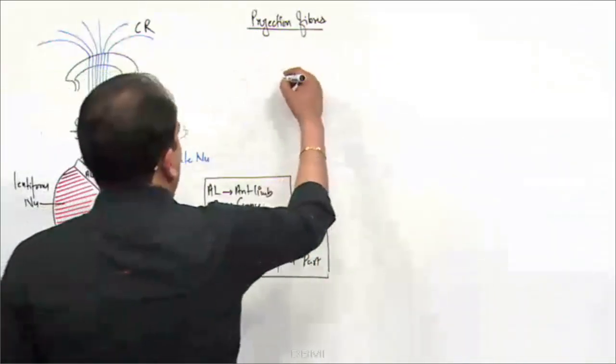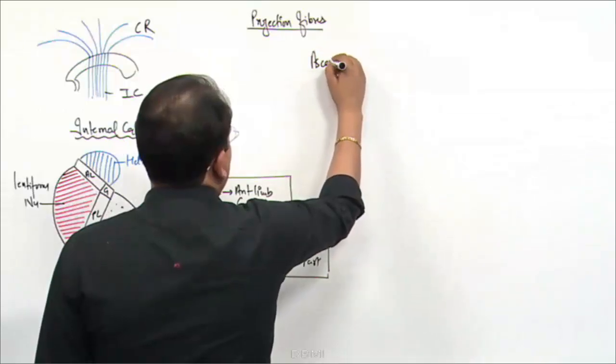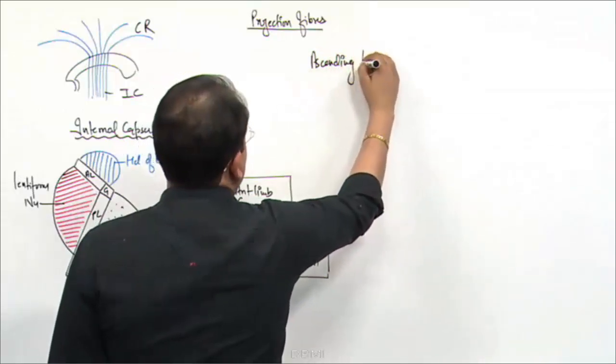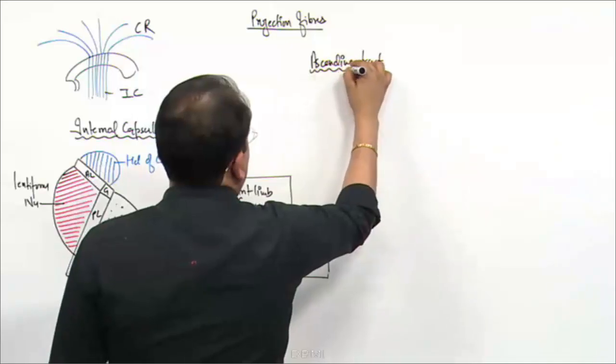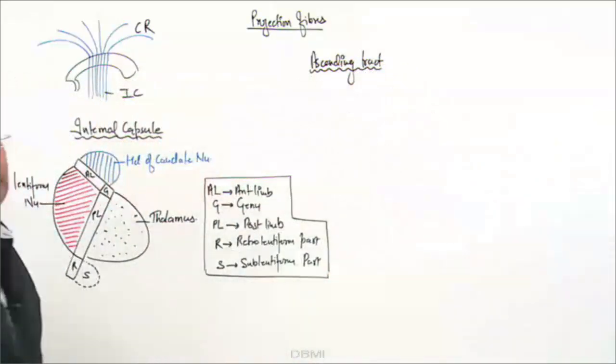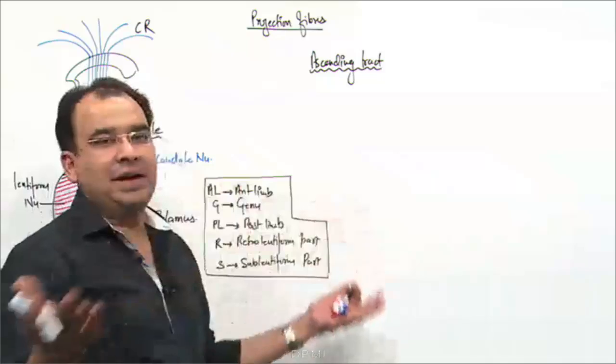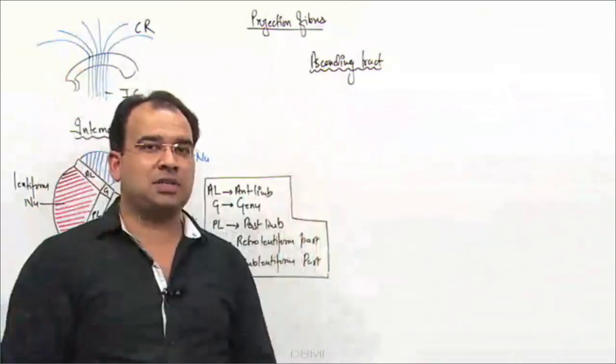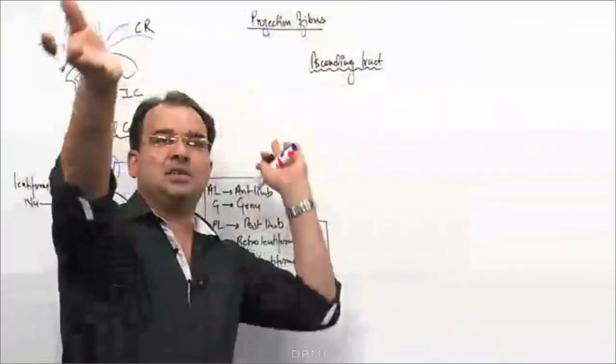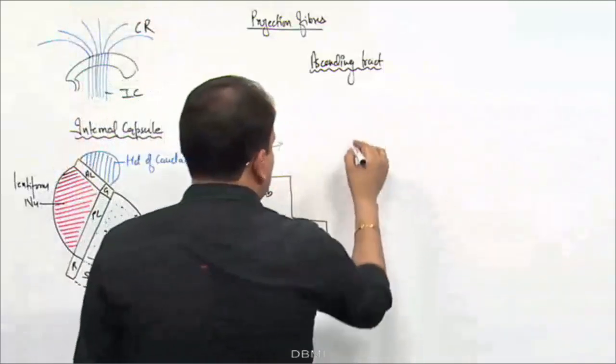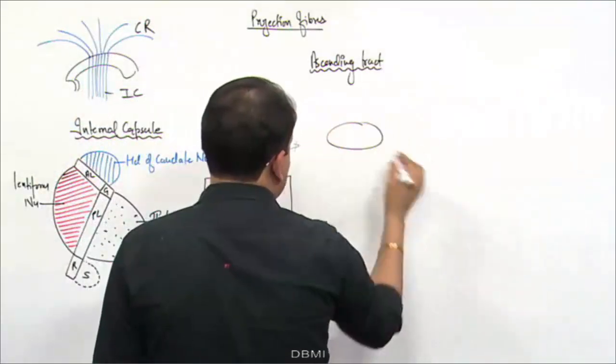So if I say what are the ascending tracts which need to go through internal capsule, now guys, all the ascending tracts which are going through the internal capsule, they are the thalamic radiations. Everything going toward the cortex first comes to the thalamus and then it radiates in different directions. So if this is the internal capsule here, this is the thalamus here, sorry.